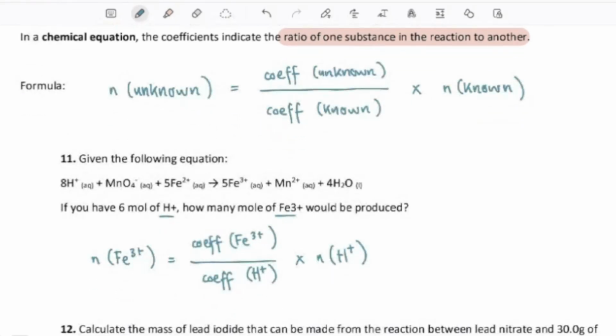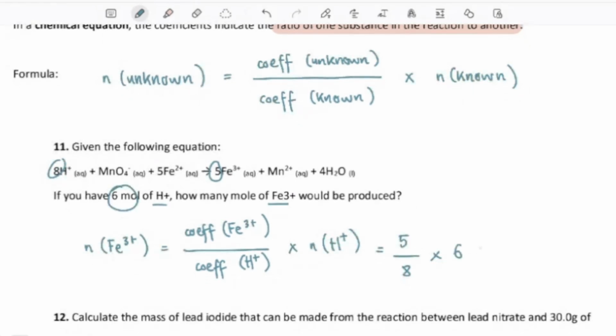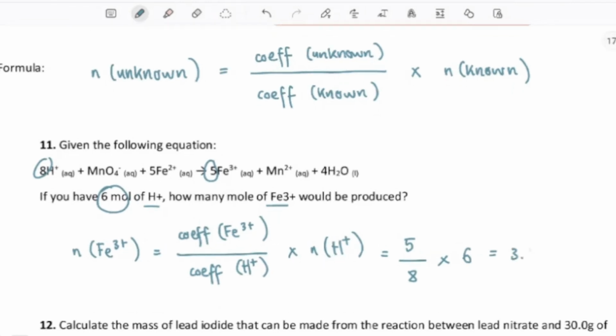In our equation, the coefficient of Fe3+ is 5, the coefficient of H+ is 8, and the moles of H+ is 6. So this should give us 3.75 moles.